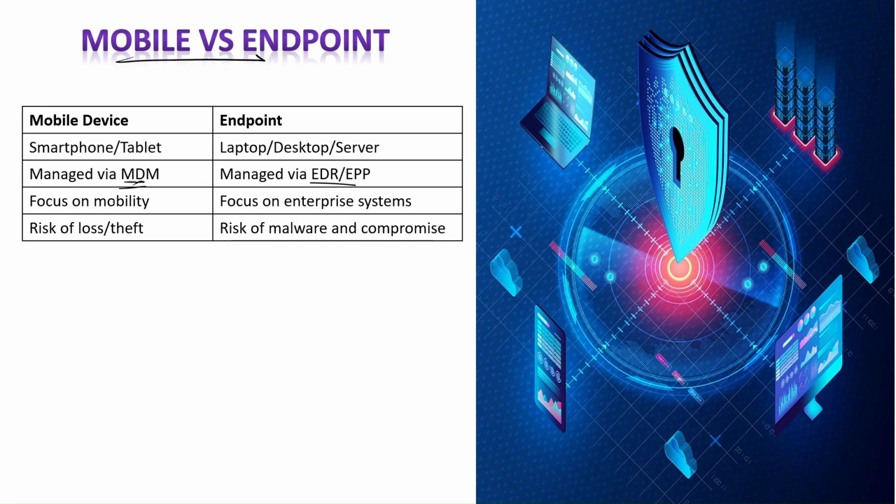Mobile devices have flexibility and focus on mobility, while endpoints are basically used inside the enterprise systems. Mobile devices have the risk of loss and theft, while endpoints have the risk of malware and hacking or other compromises.